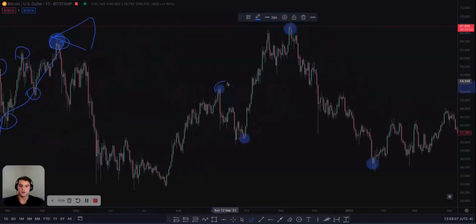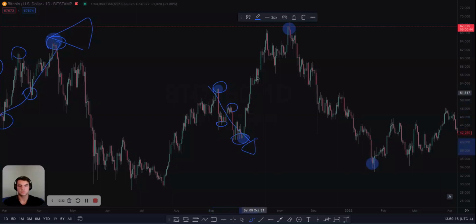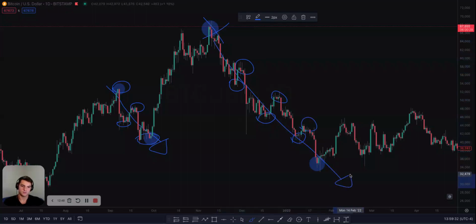Now you have a high, formed a low, lower high, lower low. You are going down. High, low, lower high, lower low, lower high, lower low, lower high. You are going down. All right.